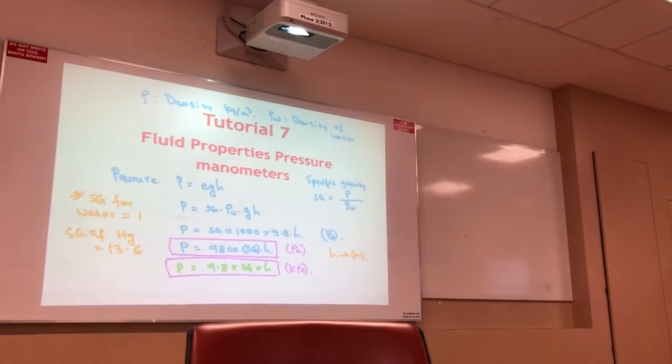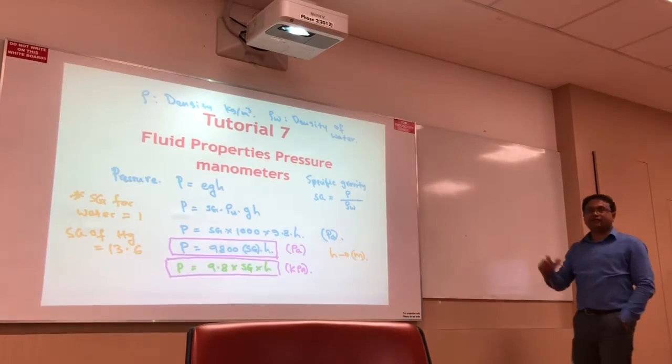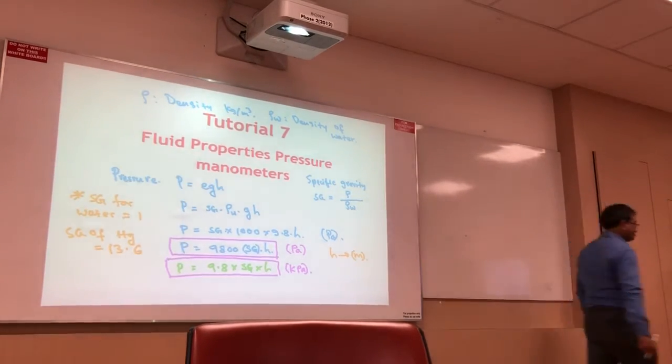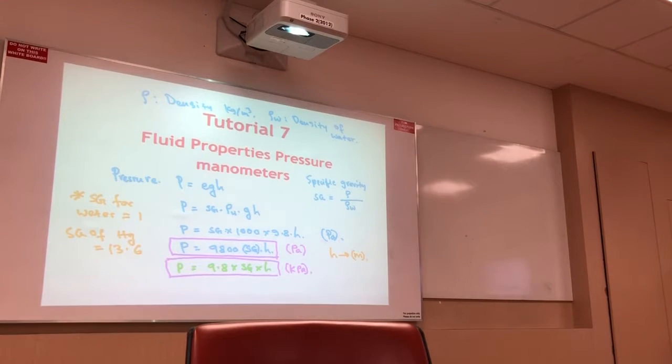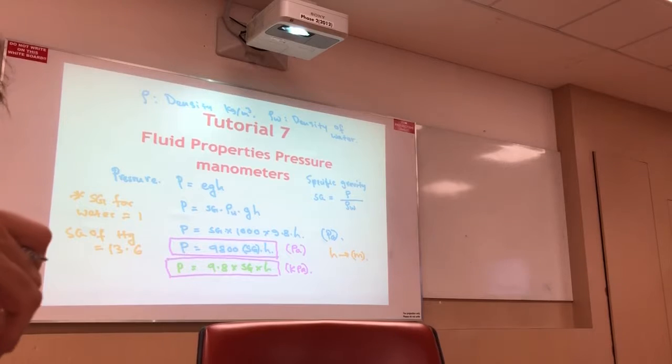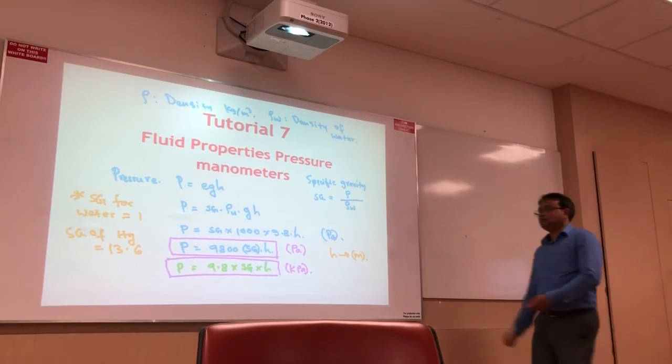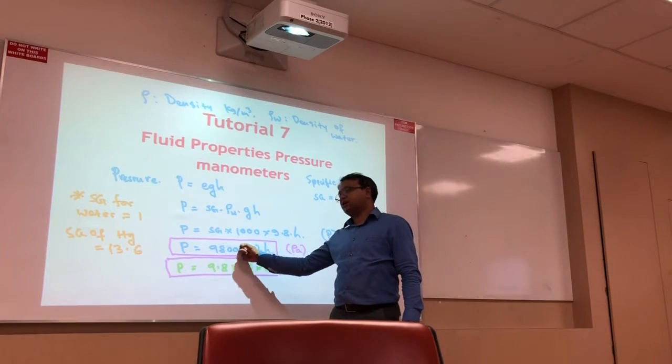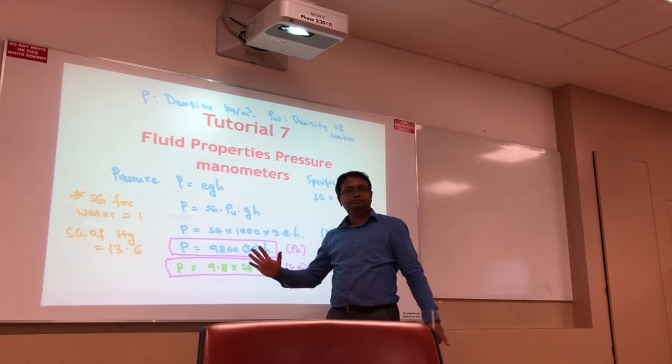So I am going to the next slide, which indicates question number 1. Okay, you can submit the assignment after class, no problem. So those who come here, please write down the equations, or you can take a picture of these equations. Because I am using directly pressure 9800 times specific gravity times h.